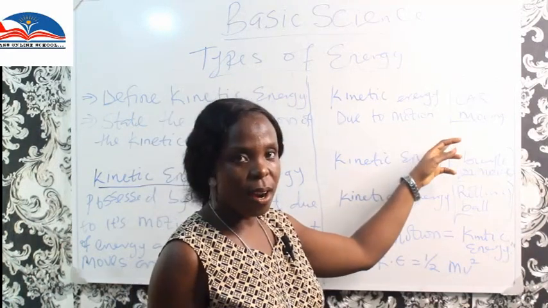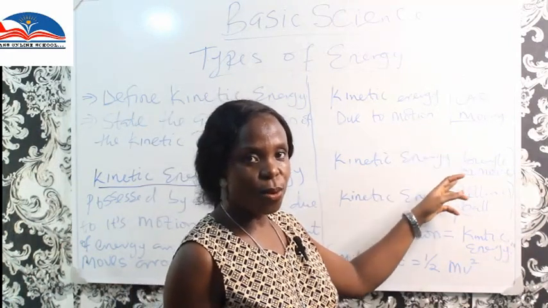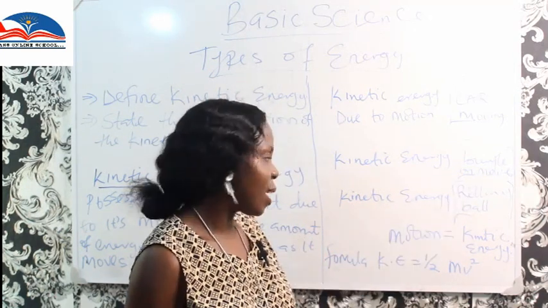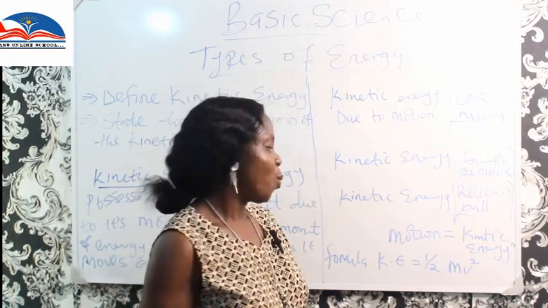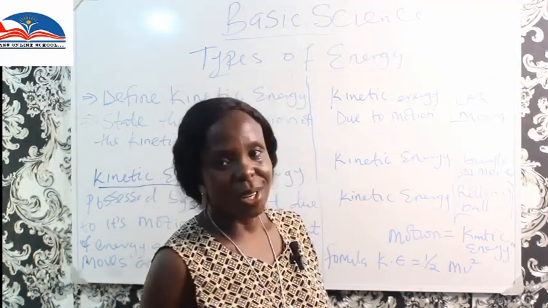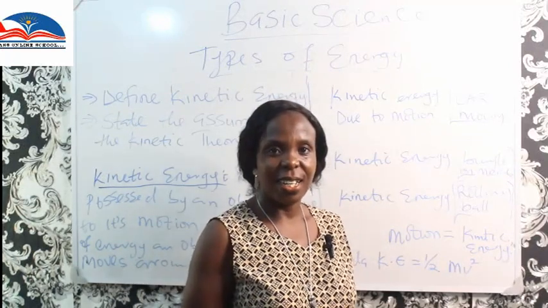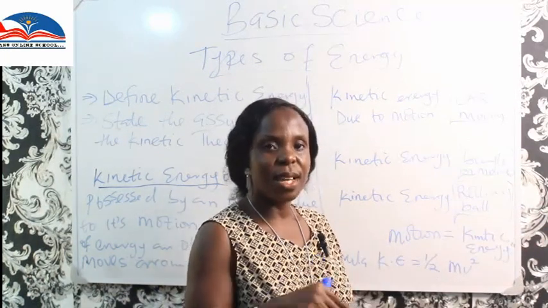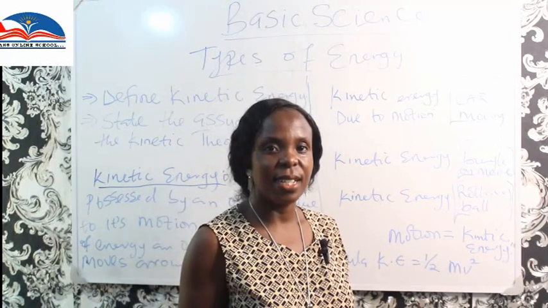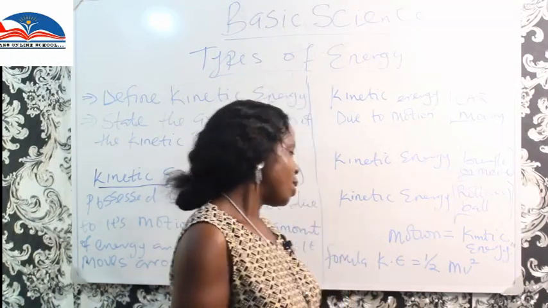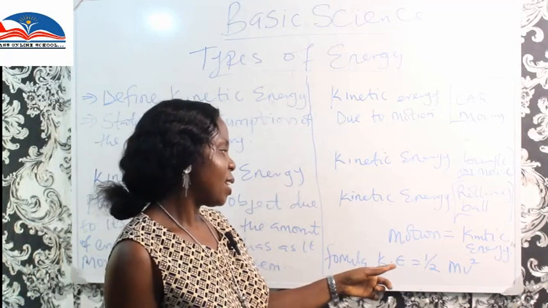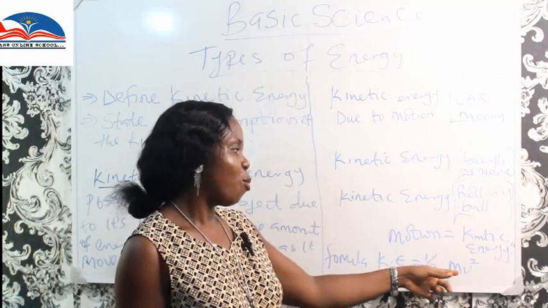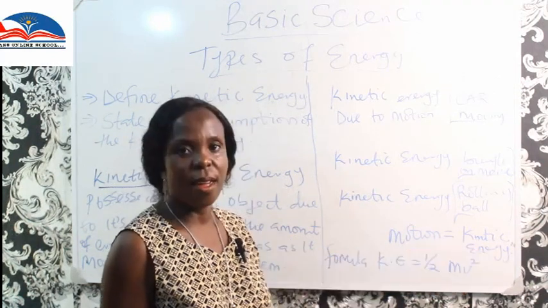So a moving car, a moving bicycle, a rolling ball possess kinetic energy. So we can say that motion is equal to kinetic energy. The motion, the movement, makes that object possess kinetic energy. And the formula for it is kinetic energy equals half mass times velocity squared.